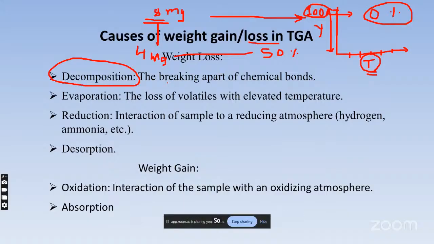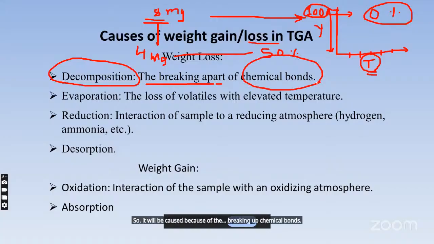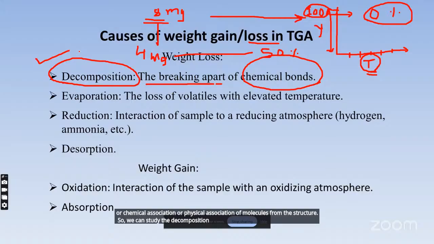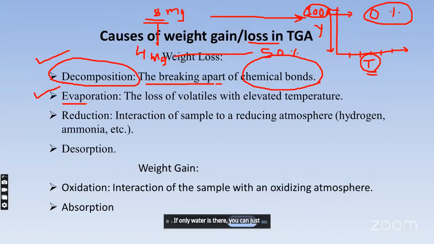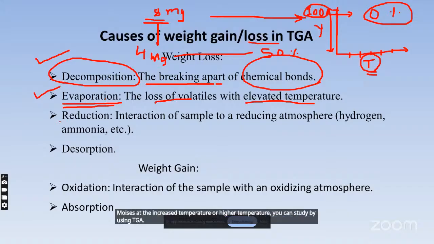If your molecule is broken down into two or three parts, it is caused by the breaking of chemical bonds or chemical or physical association of the molecule. So we can study the decomposition pathway of our sample. If only water is there, you can just monitor the evaporation process of your sample. The loss of volatile moieties at increased or higher temperature, you can study by using TGA.